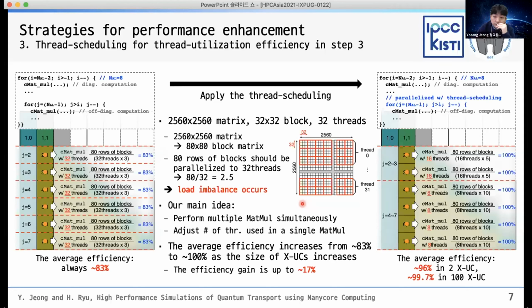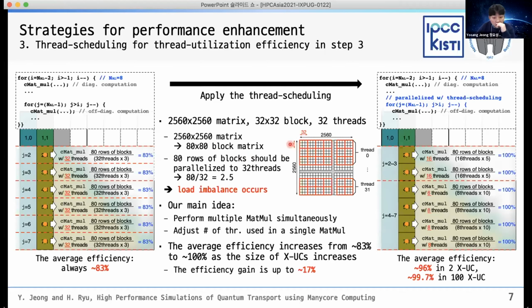For example, if the submatrix size is 2560 by 2560, the block size is 32 by 32, and the number of threads is 32, the matrix is converted to an 80 by 80 block matrix. Then 80 rows of blocks should be parallelized to 32 threads.